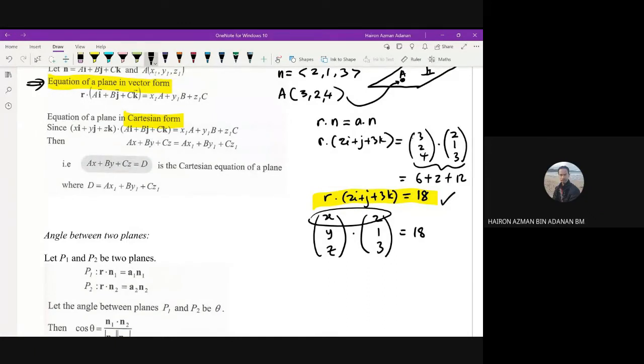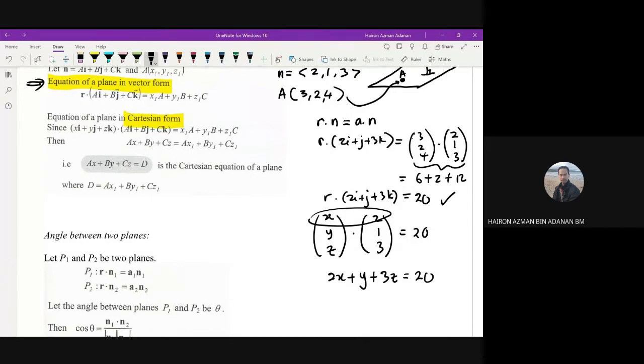Oh, okay, thank you. Correct, 20, because 6 times 2 is 8, 8 plus 12 is 20. Very good. So x times 2, you will get 2x, plus y times 1, you will get y, plus z times 3, 3z equal to 20.